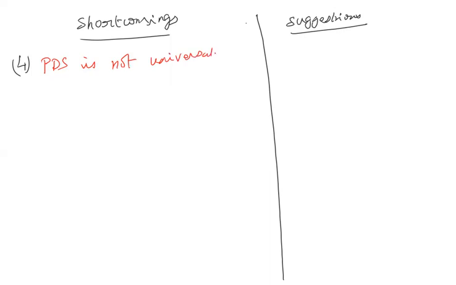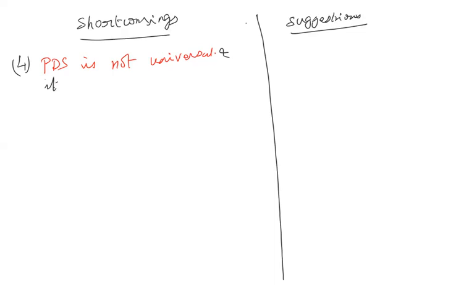Universal in the sense that it should be implemented for all the commodities and everybody should be covered. Mainly the below poverty line people, the targeted audience, should be covered under the public distribution system. So let us first check out what are all the shortcomings. The PDS system is not universal and it has got so many flaws.